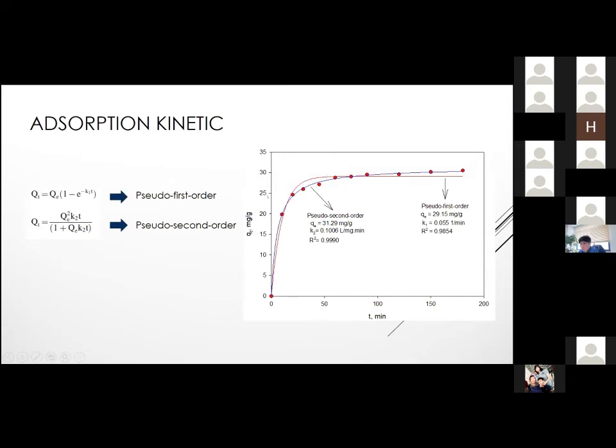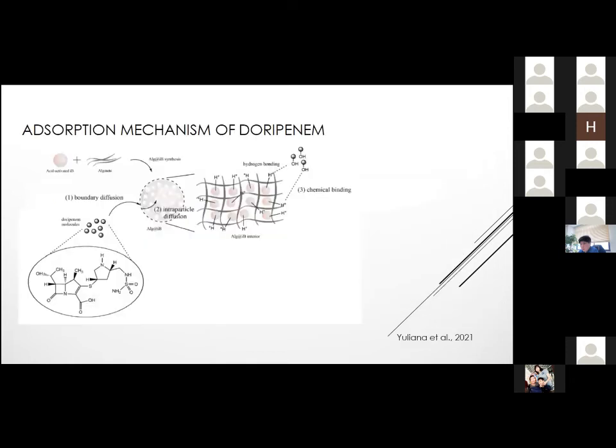The equilibrium of the absorption is reached within 1 hour, and we found that the absorption kinetics follow the pseudo-second order, so it gives us an idea that the absorption is driven by chemisorption compared to physisorption.